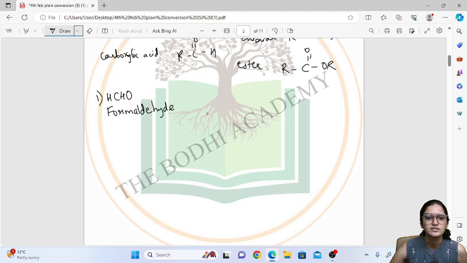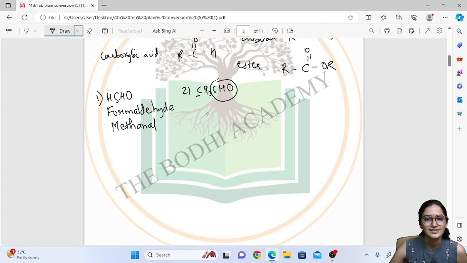So the common name of this is formaldehyde, and the IUPAC name is, since there is one carbon, methanal. If I have CH3CHO, in this I have two carbons. The CHO group means aldehydic group. If you see a CHO group, that means you are talking about an aldehydic group.